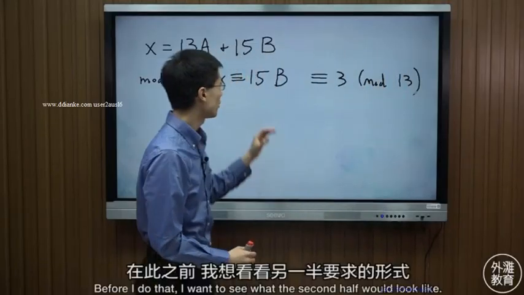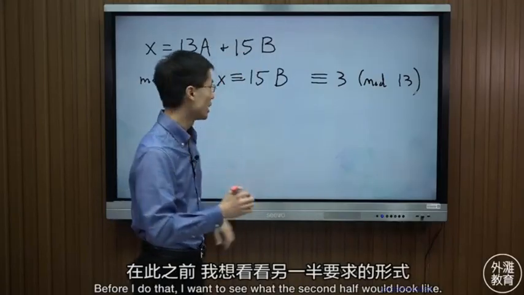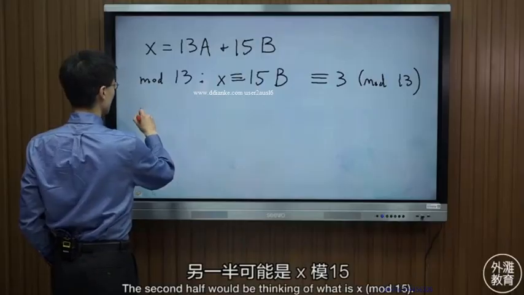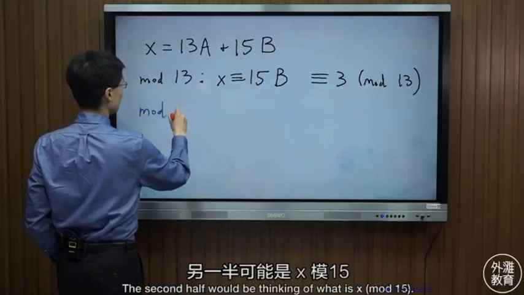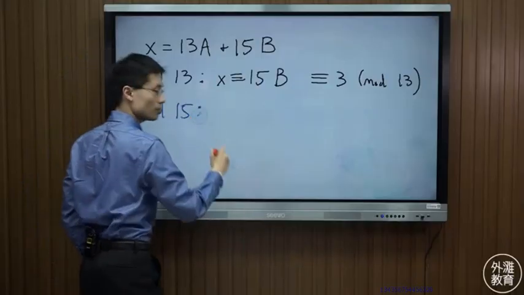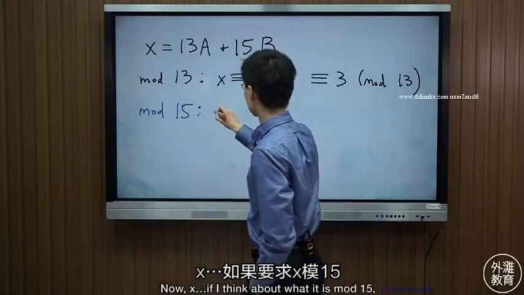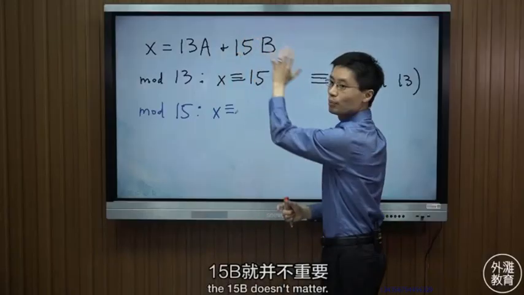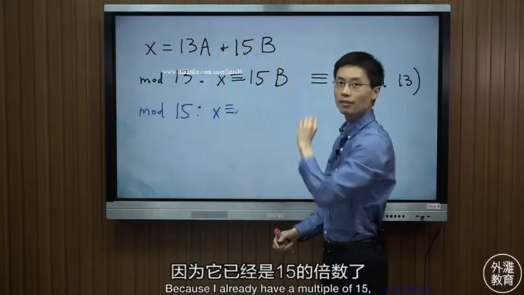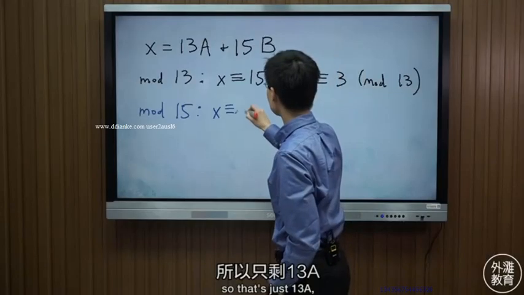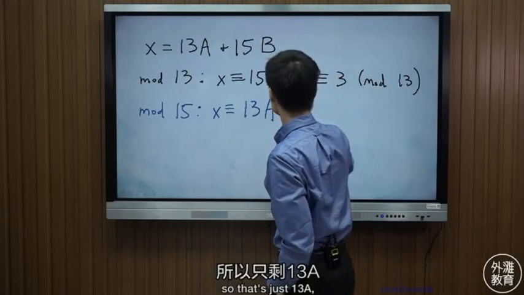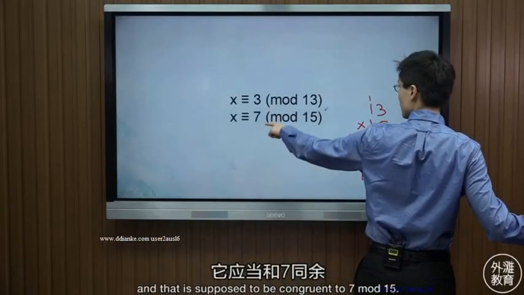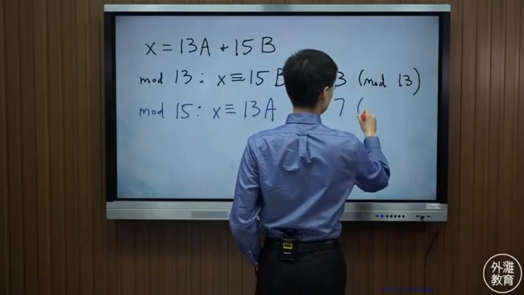Before I do that, I want to say what the second half would look like. The second half would be thinking about what is x mod 15. Now, if I think about what x is mod 15, the 15b doesn't matter because I already have a multiple of 15. So that's just 13a, and that is supposed to be congruent to 7 mod 15.